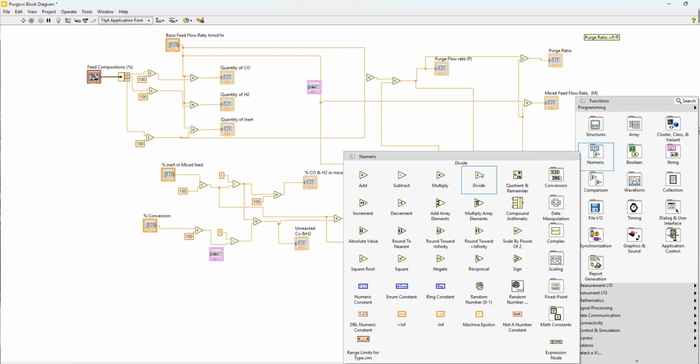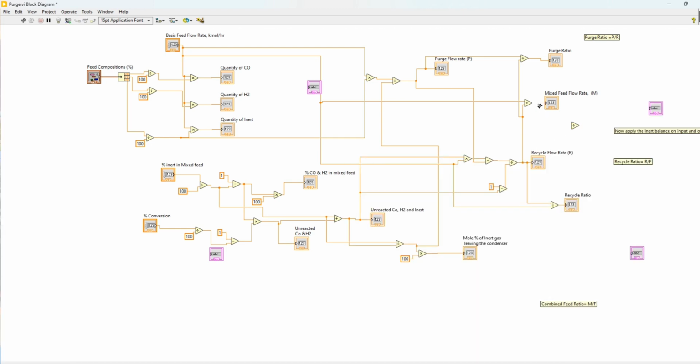So this is M, and F is coming from here directly. I just take one connection and connect. Okay.